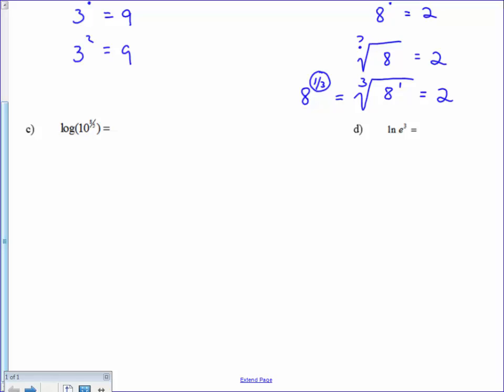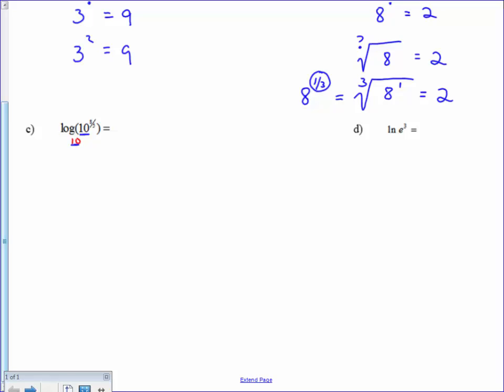Okay, next problem down, we have log with an understood base of 10, since no base is written, and then it's 10 to the 8/5. I will go ahead and write my base. It's actually nice to have it written, so when you have the ones that are understood, go ahead and write it in. And then this particular problem matches a special case, and that is where the base of your log matches the base of your argument.